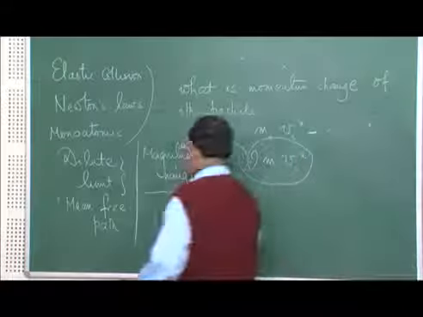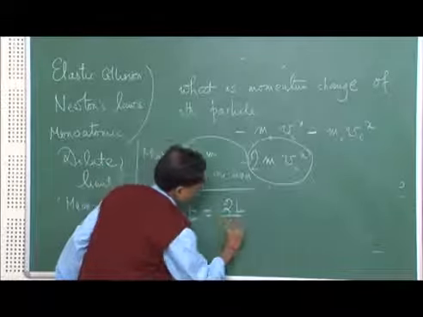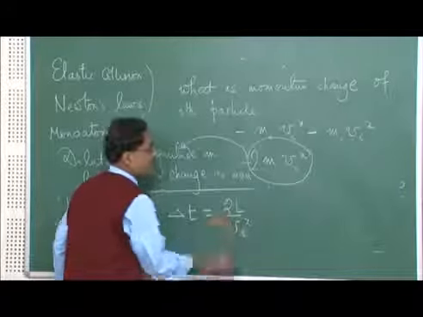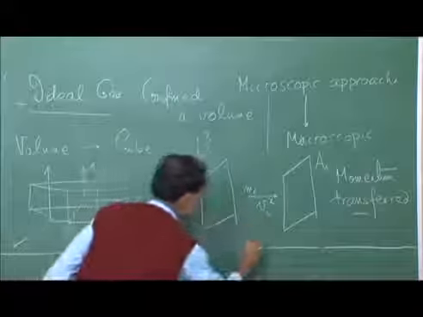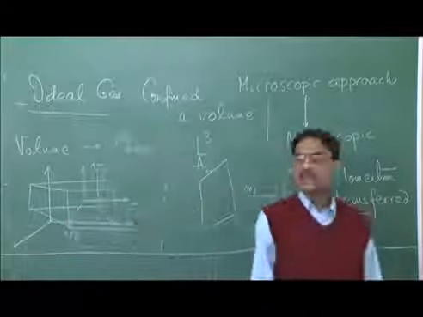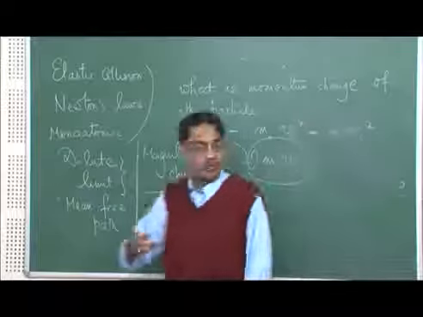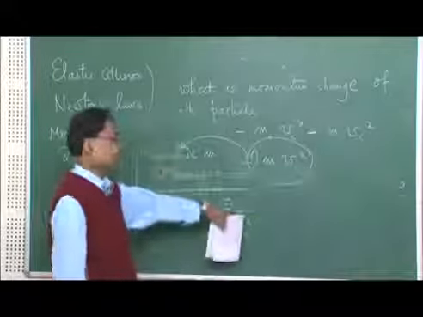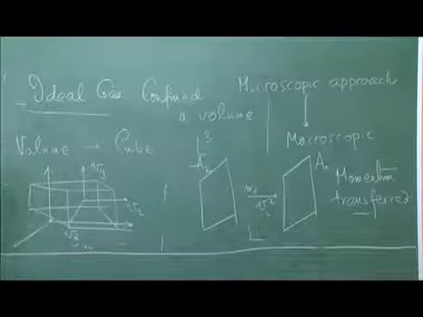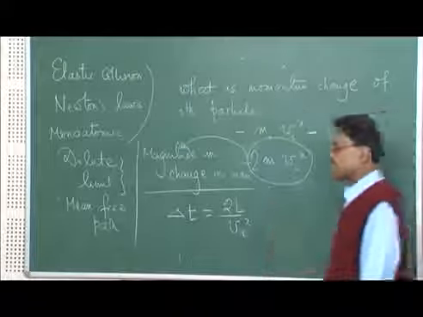So, delta t between two collisions: 2L is the total distance, this is L, it has to hit here, come back, so the total distance covered between two hits on the wall A1 is actually 2L. Vix is the x component of the velocity of that particle. So, this is the delta t time.